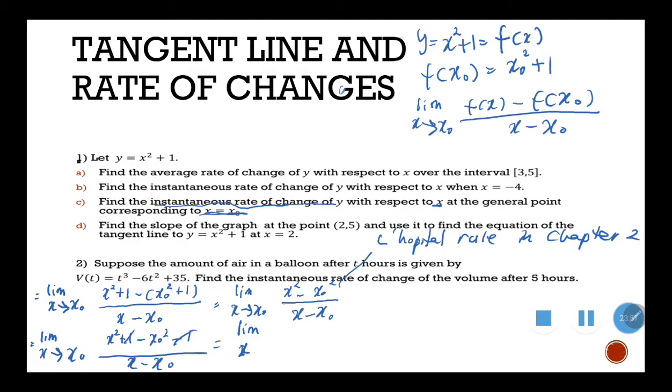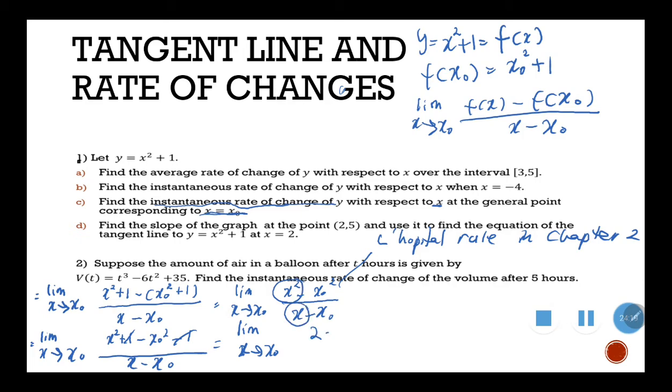We must only differentiate the element that contains x. So for this instance, the x naught is not considered as x. So in this part, it is only here that we must differentiate.